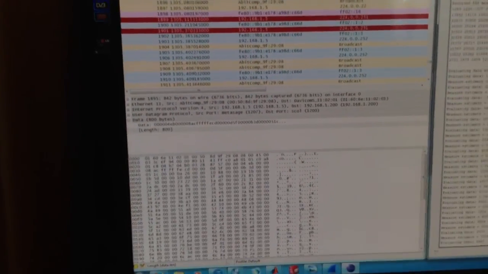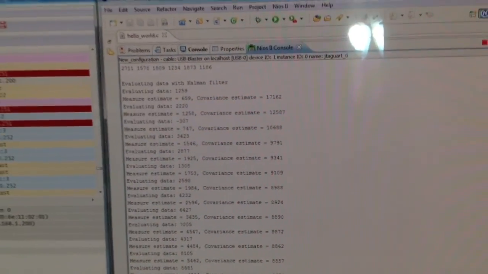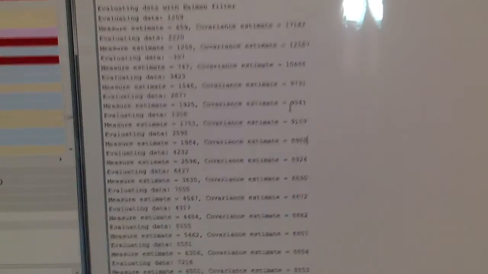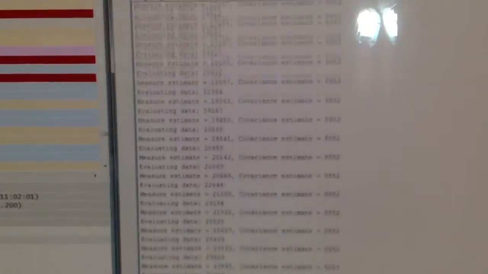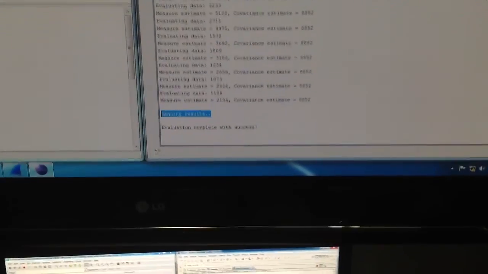Our script has received the measures and printed them, evaluated them one by one with obtainment of the measure estimate and the covariance estimate, and then sent back the results via UDP packet.